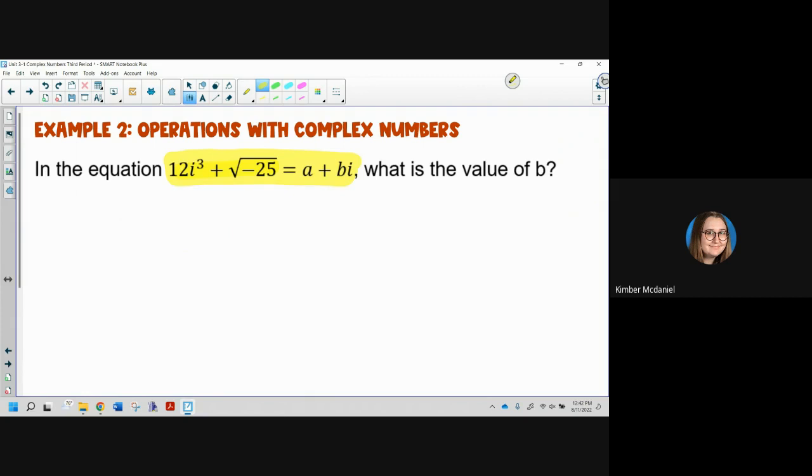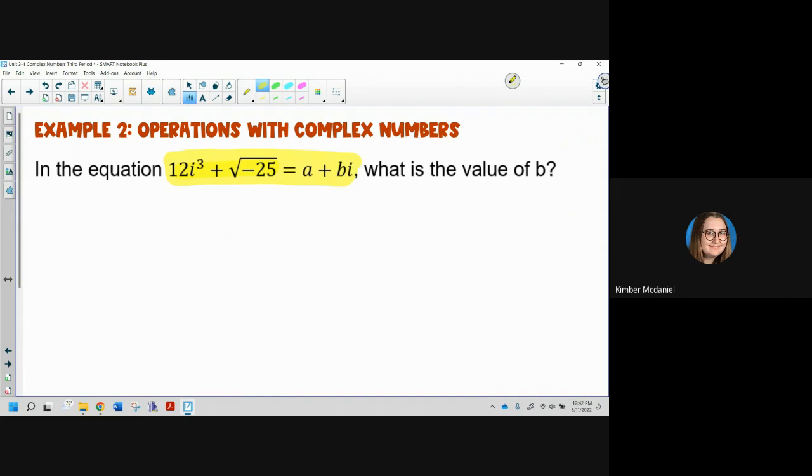It says, in the equation 12i cubed plus square root of -25 equals a plus bi, what is the value of b? So again, 12i cubed plus the square root of -25 equals a plus bi.